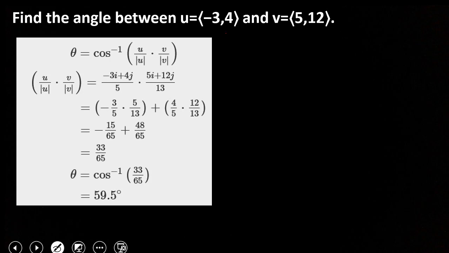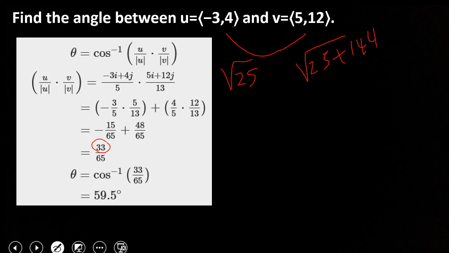You first find u dot v, which is negative 3 times 5 plus 4 times 12, right? 48 plus negative 15 is 33. And then the absolute value of this one would be square root of 9 plus 16, 25. And this one would be square root of 25 plus 144. So that's 5 and that's 13, right? So they go in the denominator, and that's it.